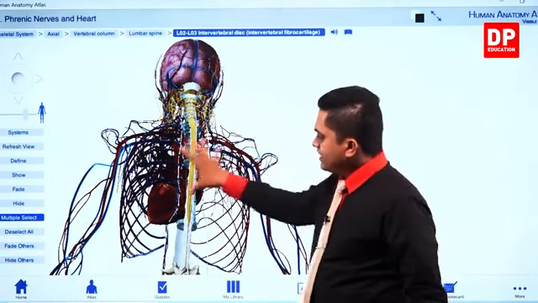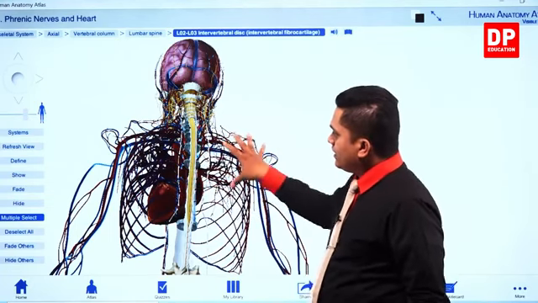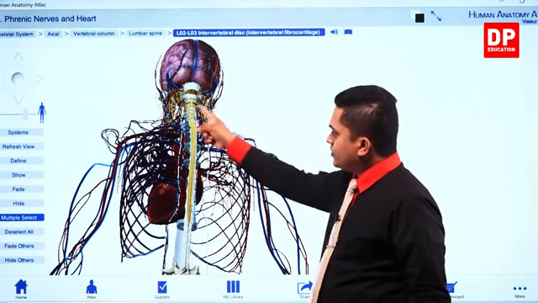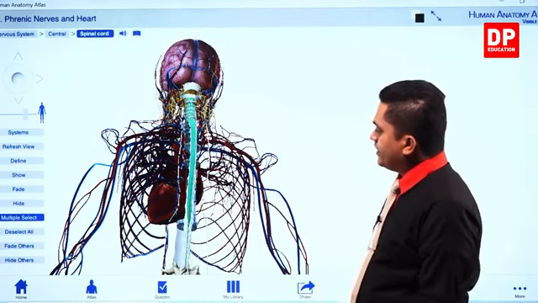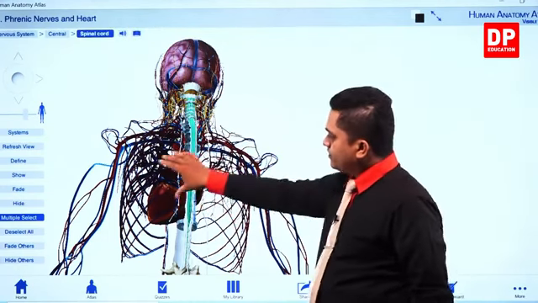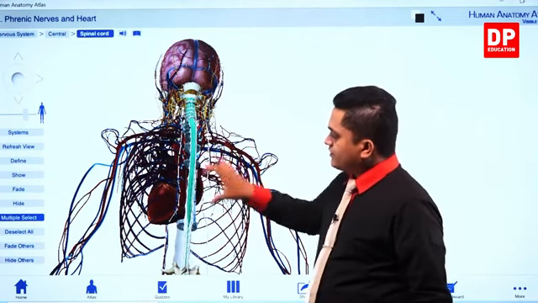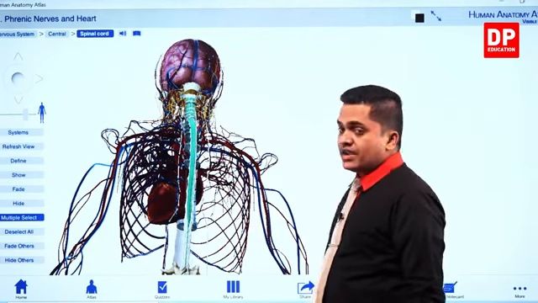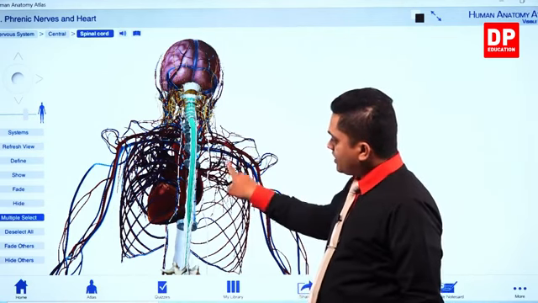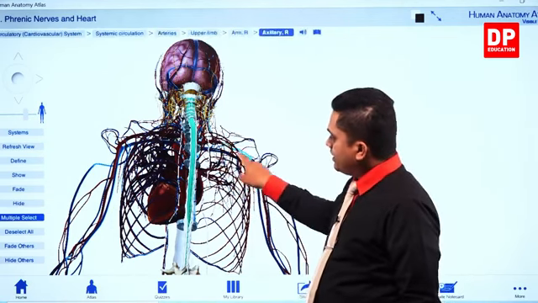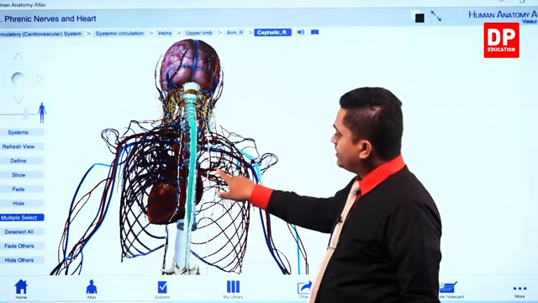So these nerves are referred to as the spinal nerves, my dear children. So here you could observe the spinal cord. These nerves are arising from the spinal cord, right? So these nerves are the ones which are referred to as the spinal nerves, right?